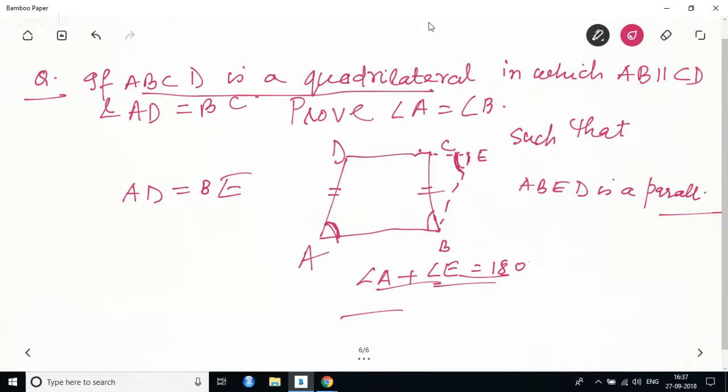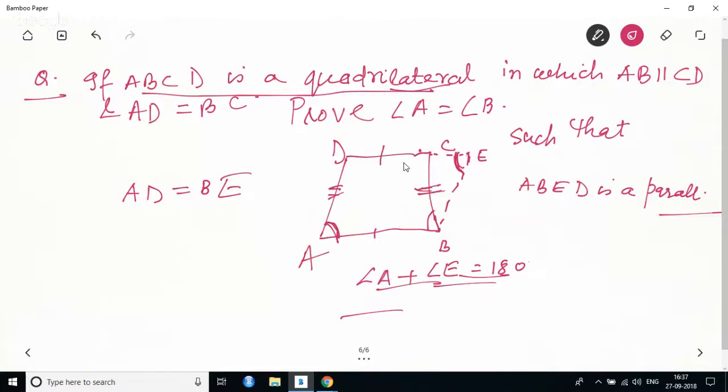Shraddha, in this question, we are not saying that ABCD is a parallelogram. We are just saying that ABCD is a quadrilateral in which AB is parallel to CD. So I'm just saying this and this are parallel and these two are equal.